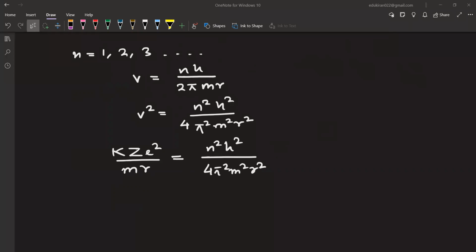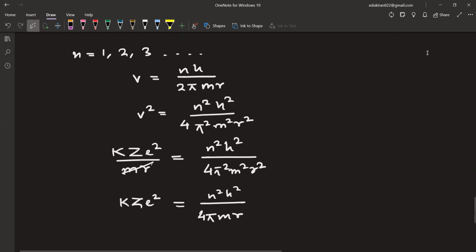You can eliminate a few things, you can eliminate m r. So here you will get n square h square upon 4 pi m r, equal to K Z E square.